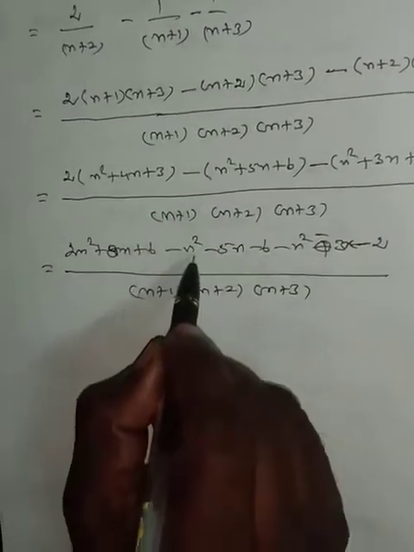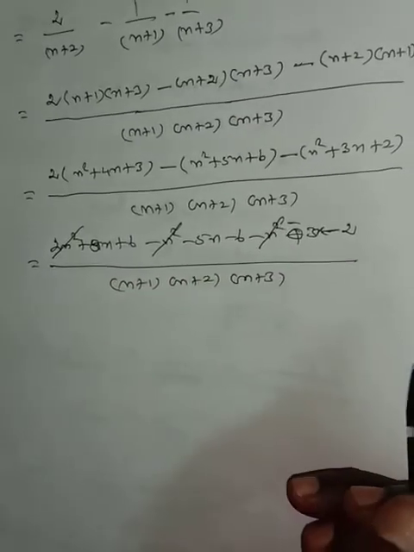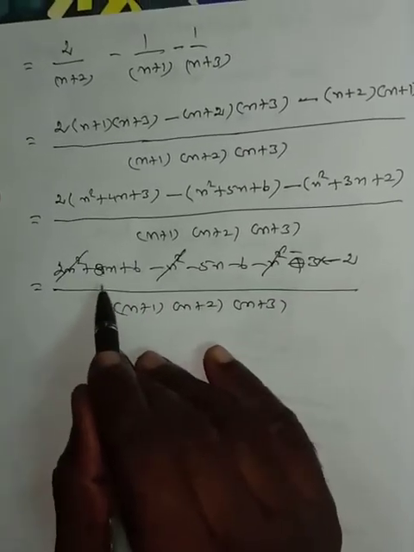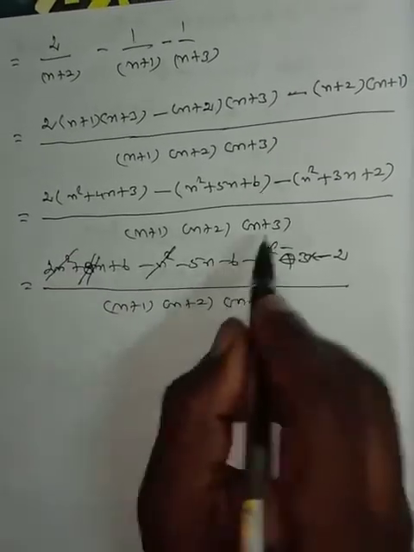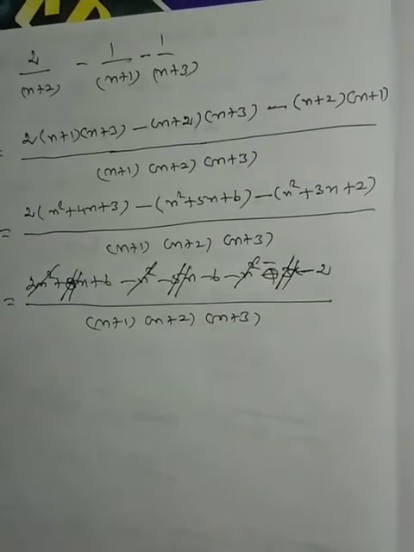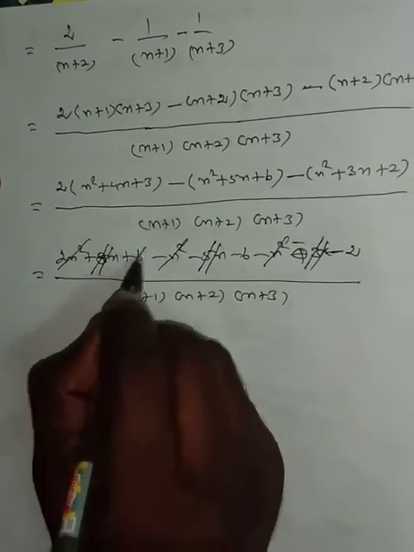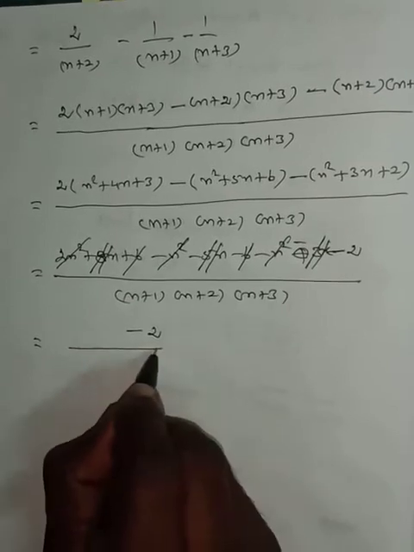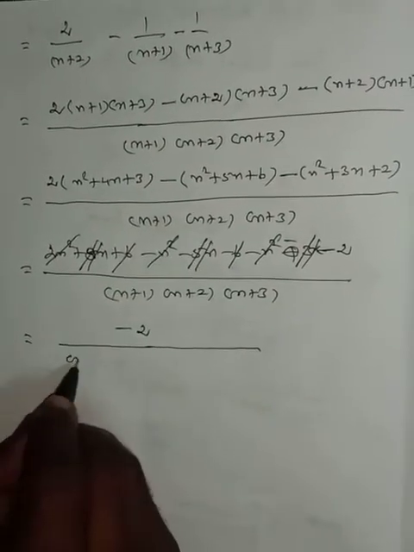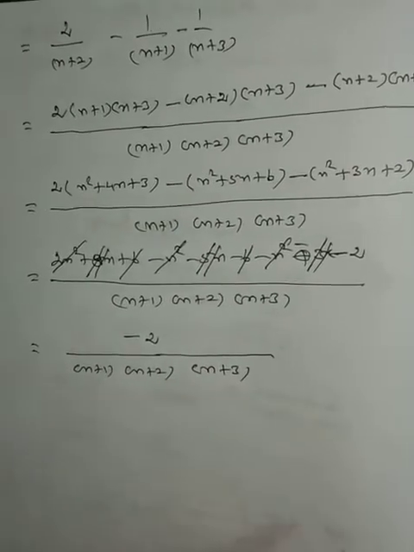2x square minus x square minus x square is zero, so cancelling. Next, 8x minus 5x minus 3x is zero, so cancel. Next, 6 minus 6 cancel. So minus 2 divided by (x plus 1)(x plus 2)(x plus 3).